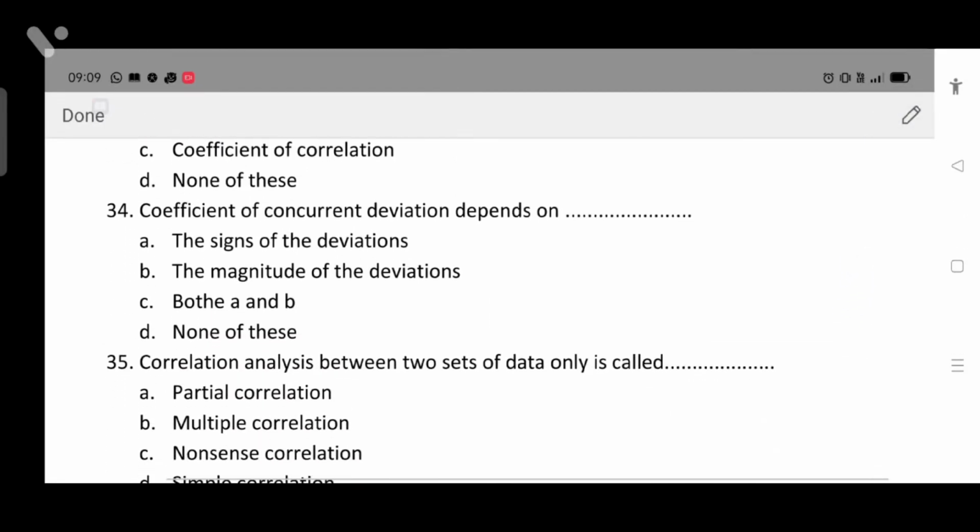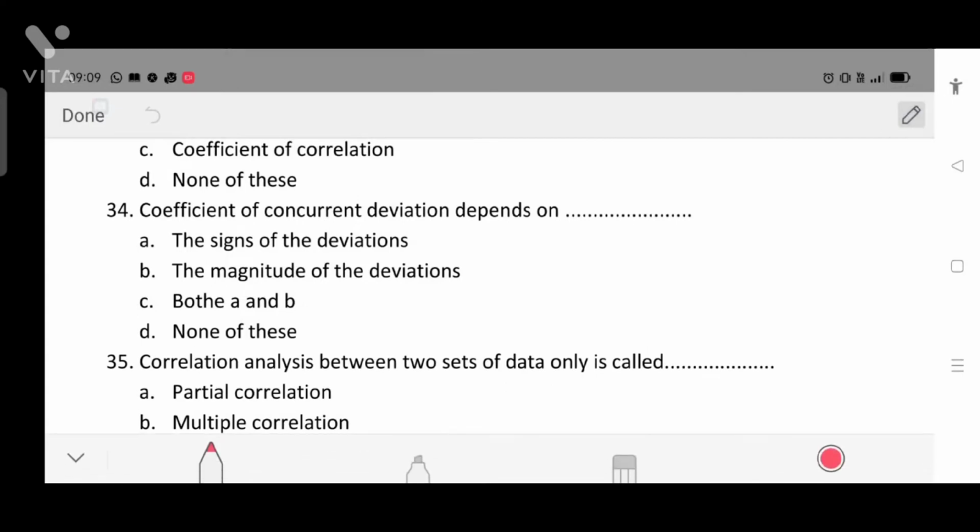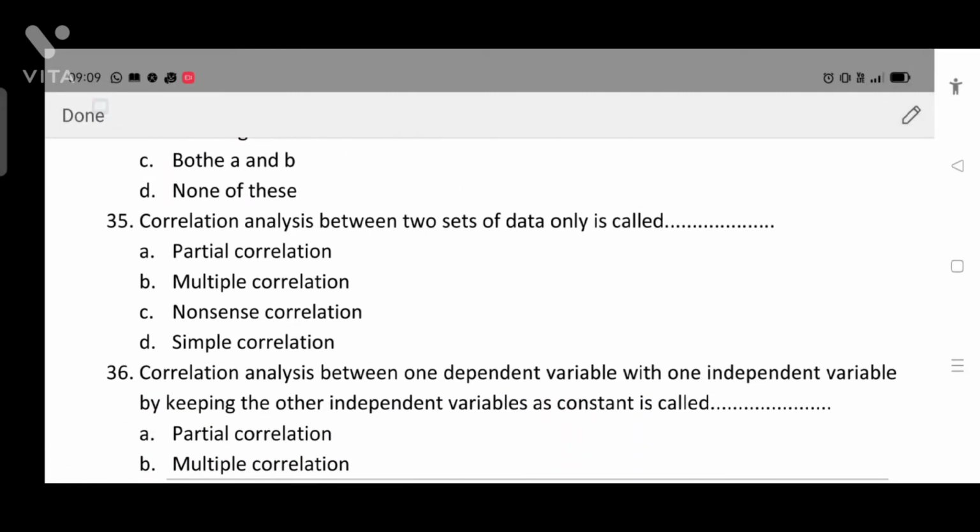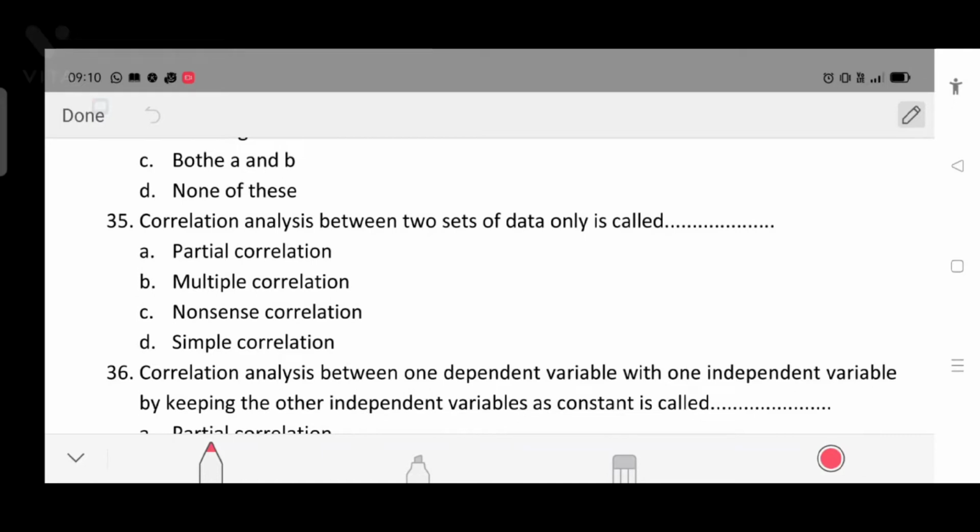The coefficient of concurrent deviation depends on the A, B, C, D. A, the sign of the deviation. Correlation analysis between two sets of data only is called A, B, C, D. B, multiple correlation.